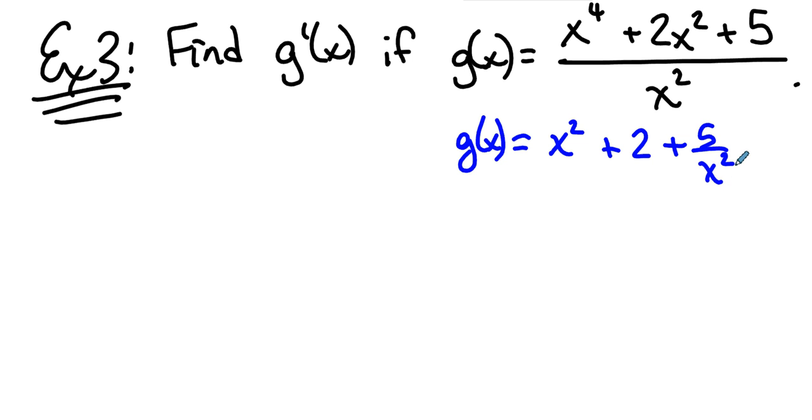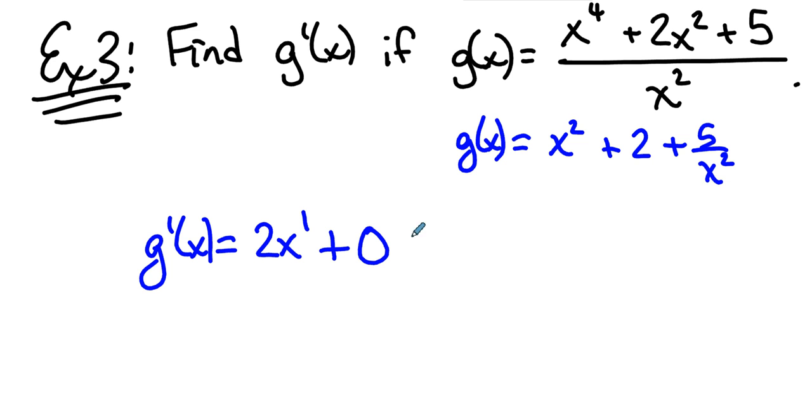Now we can use the power rule, right? G prime: the derivative of x to the n is nx to the n minus 1. The derivative of a number is 0. And the derivative of this last thing, we're going to rewrite in a convenient way. This is going to be 5x to the negative 2. How do we take the derivative of 5x to the negative 2?